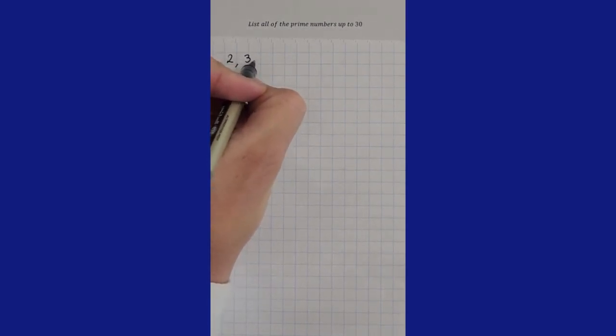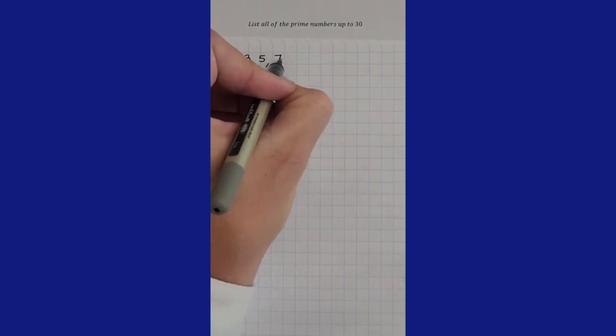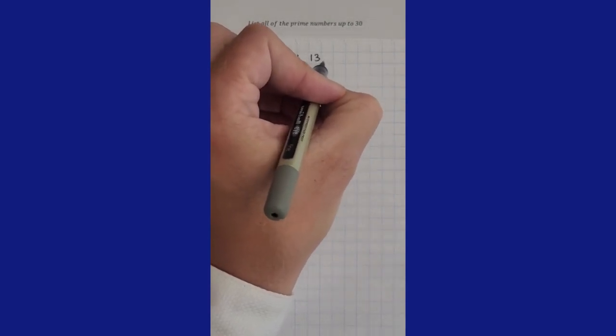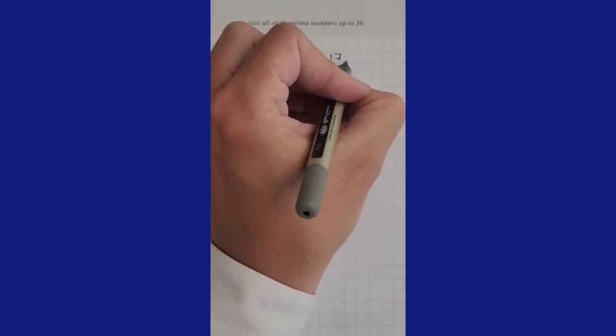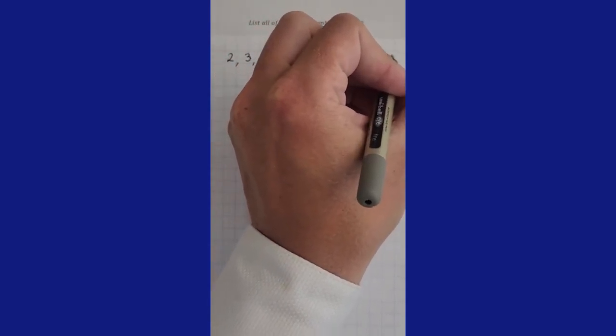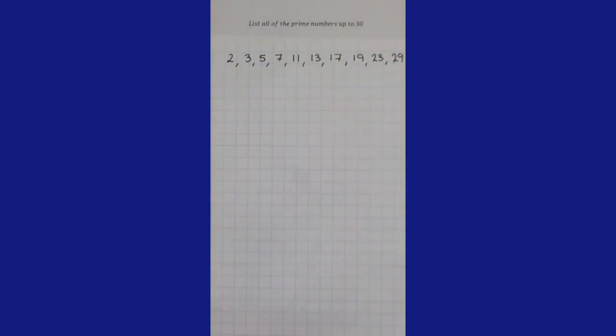Then we have 3, 5, 7, 11, 13, 17, 19, 23, and last but not least, 29. So they are our key prime numbers that are going to help us. That first set of primes up to about 30 will help us with most prime factor decomposition questions, so it's important to know those.